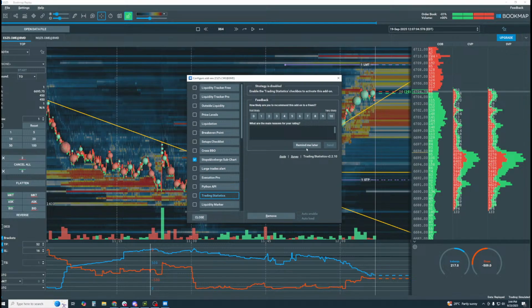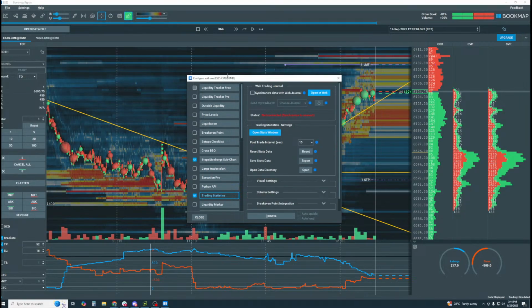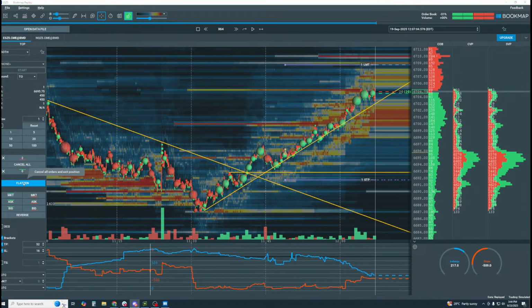See, I didn't even have it on here. Big mistake. So I made a mistake. Well, let's fix it. Now it just gave me a note here that I cannot connect to this right now until I'm out of this trade. So let's exit this trade. We'll just flatten it here. And then let's go back again and we'll trade it one more time here.